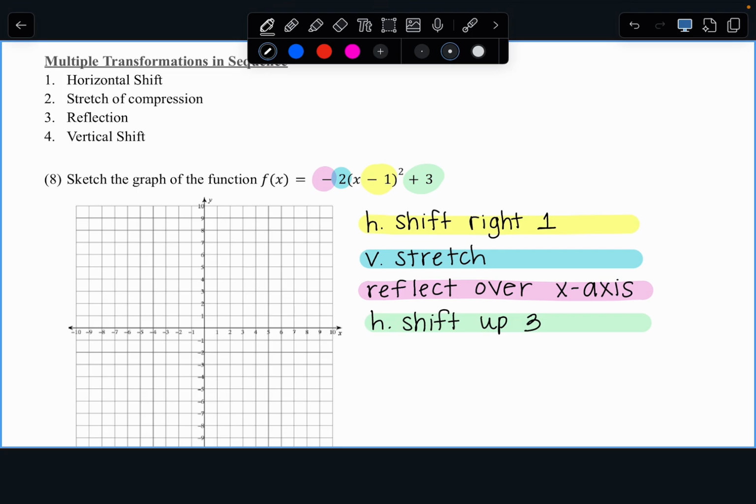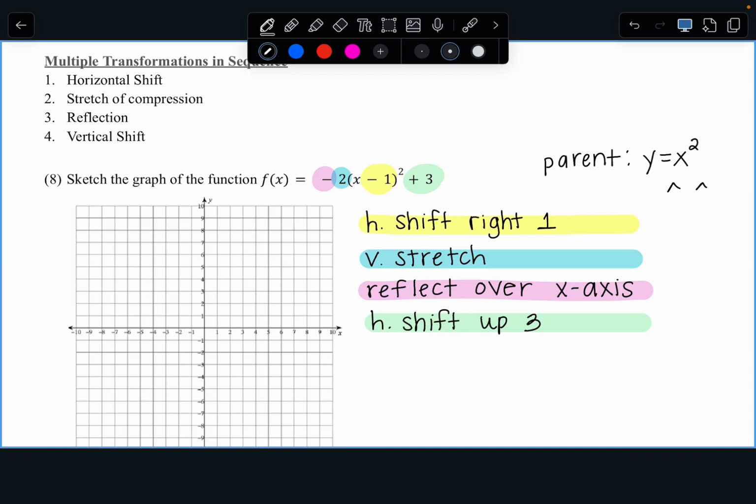What shape is this? Because it's something squared. Your parent is y equals x squared. Any idea what shape that is? Wait, can you say that again? Yep, what shape is the x squared?